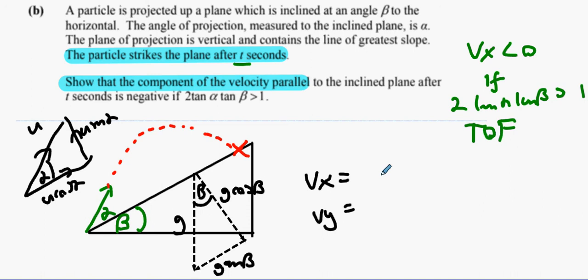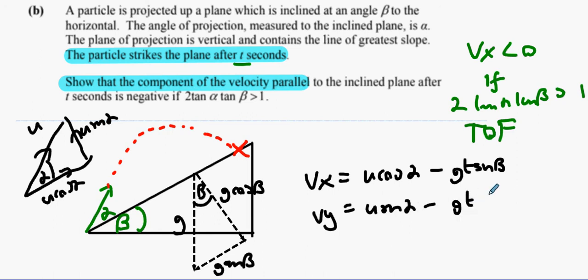Now, u cos alpha minus g t sine beta, u sine alpha minus g t cos beta.